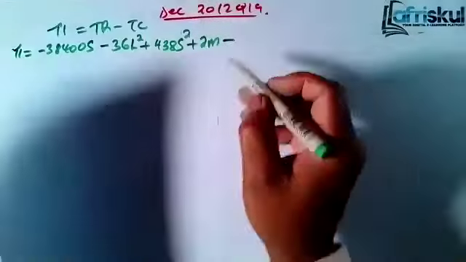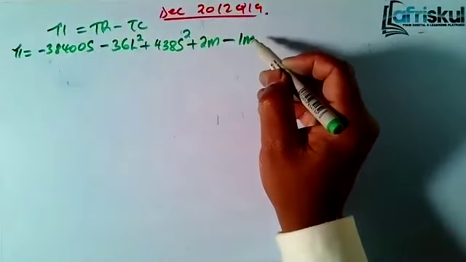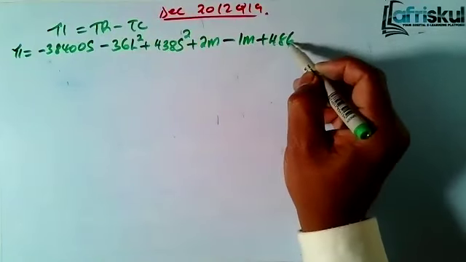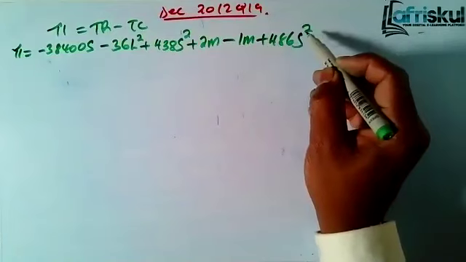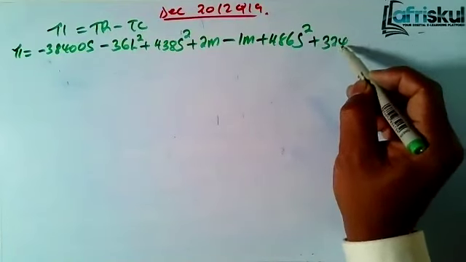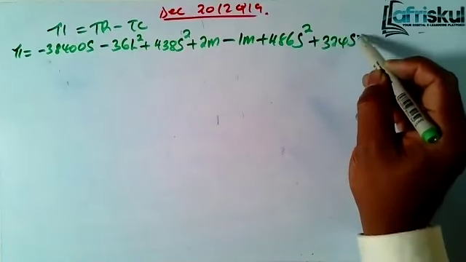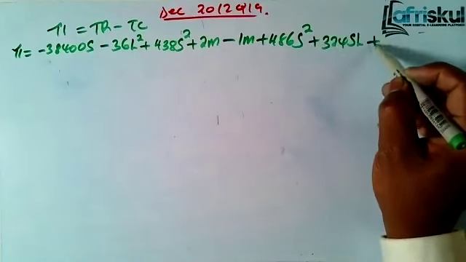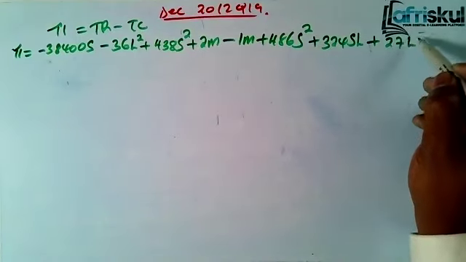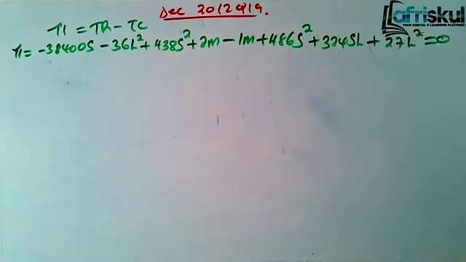So it will be minus 1 million plus 486S squared plus 324SL plus, I'm changing the sign, 27L squared, and it is equal to 0.